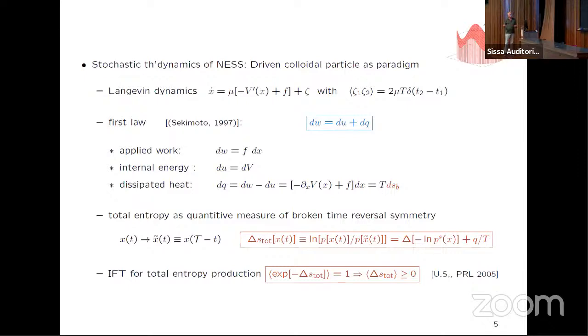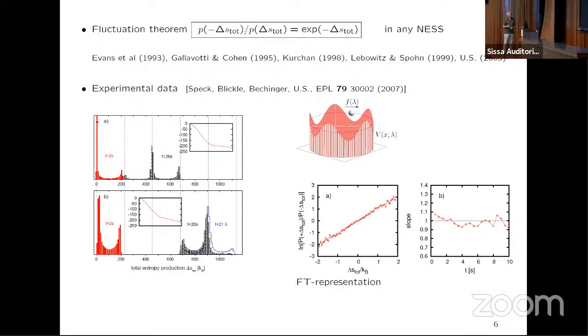Then, for instance, the total entropy production is defined trajectory-wise, essentially as the log ratio between the probability for observing a trajectory and the probability for observing its time-reversed trajectory, x-tilde. That turns out to have 2 contributions: one is the heat, and the other one is this kind of stochastic entropy. And then it's easy to derive exact relations like this integral fluctuation theorem or the detailed one up here.